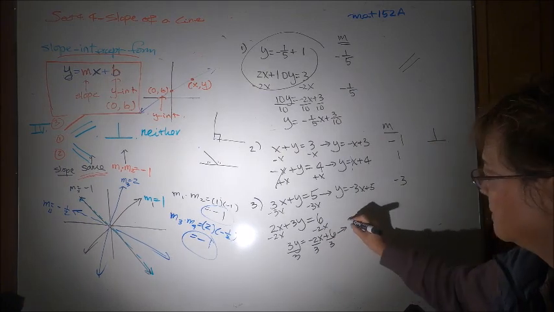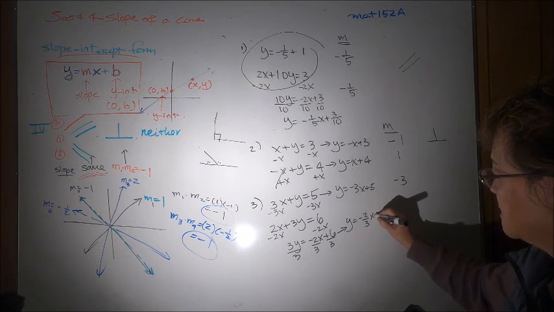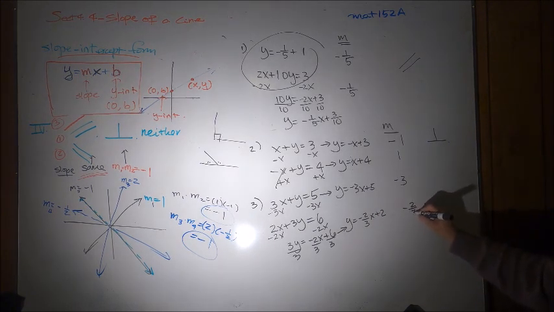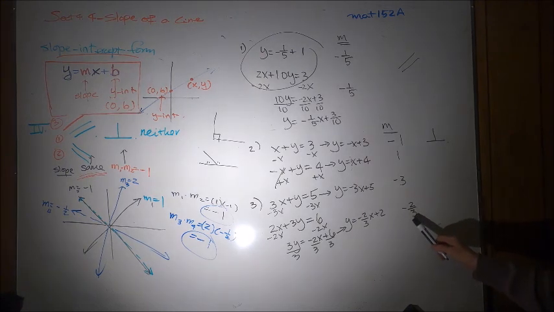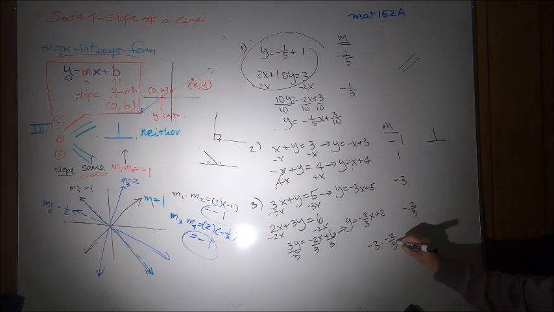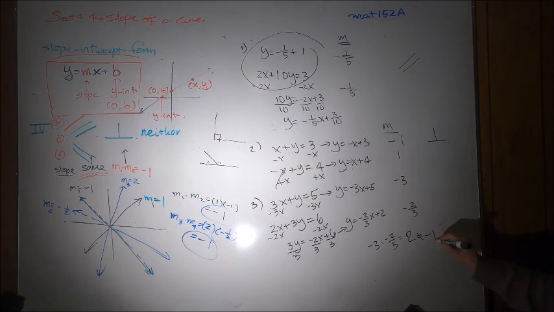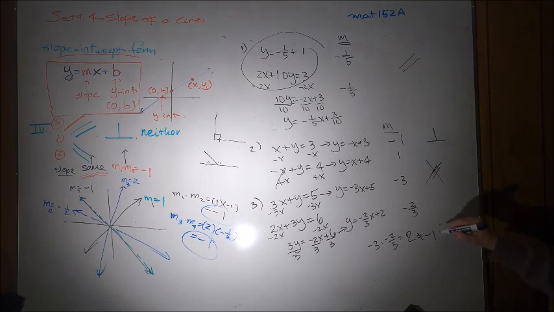So what do we have? y equals -2/3 x plus 2, right? So what's your slope? -2/3. Are they parallel? No. Are they perpendicular? So you multiply them, actually it's 2, right? So not -1. So they are not parallel, they are not perpendicular, so they are neither.